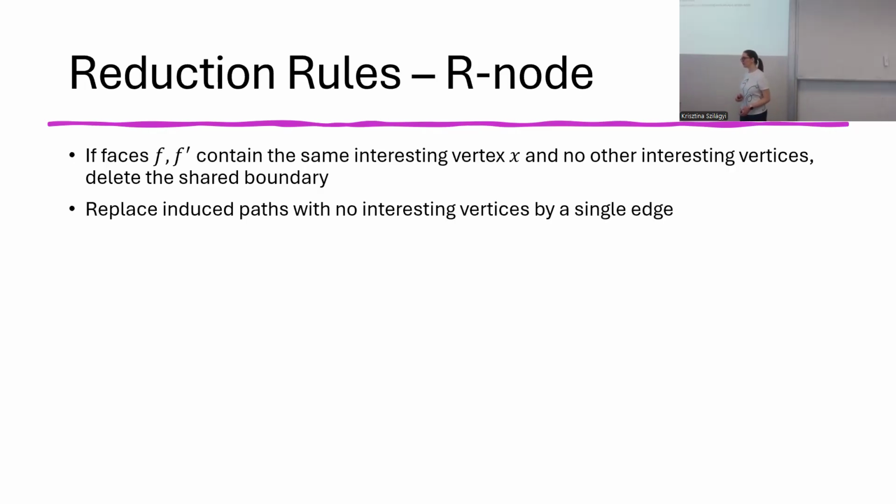Then the next thing that we can do is, in this construction we get some longer induced paths, and if they contain no terminals and no interesting vertices, we might as well replace them by a single edge. And finally, we rigidize the embedding again.